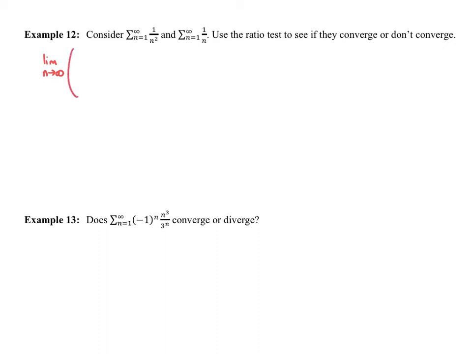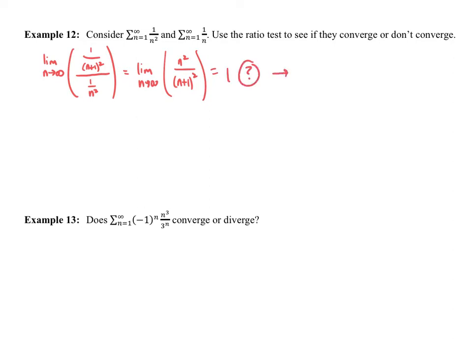You substitute in n plus 1 for the numerator, and the original is used for the denominator. This can be simplified algebraically to n squared divided by the quantity n plus 1 squared, and that gives us 1, and so there's a big question mark there.